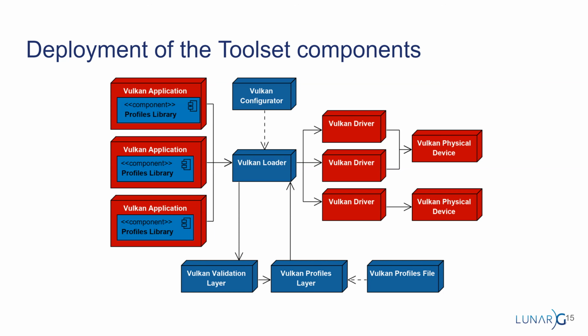So here is a drawing to show the deployment on the developer machine of the different toolset components. So the Vulkan profile API is not part of the Vulkan API because it would mean it would be part of the driver.